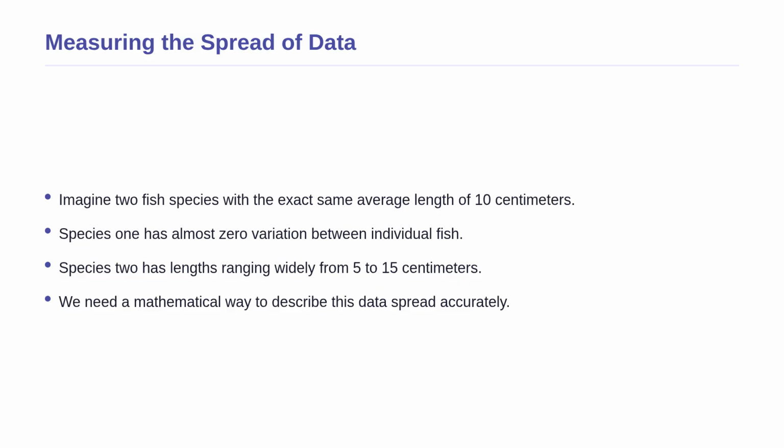In the second species, the average length is also 10 centimeters, but you find some fish that are 5 centimeters and others that are 15 centimeters. Even though both species have the exact same average length, the second species has a much wider spread of sizes. We need a mathematical way to describe this spread, or bounce, in our data, so we can compare them accurately.